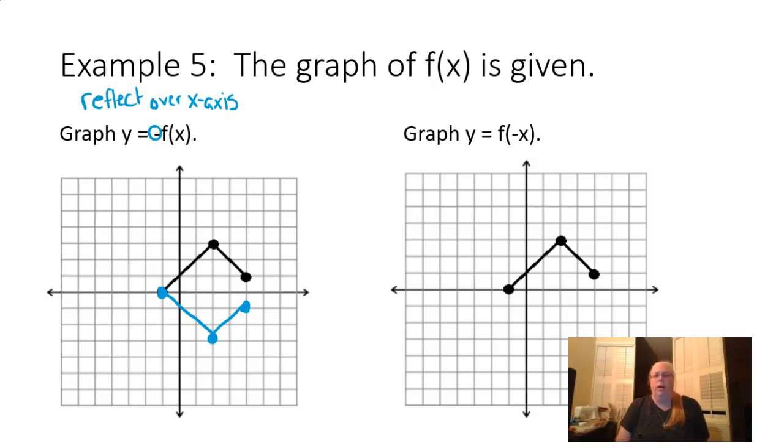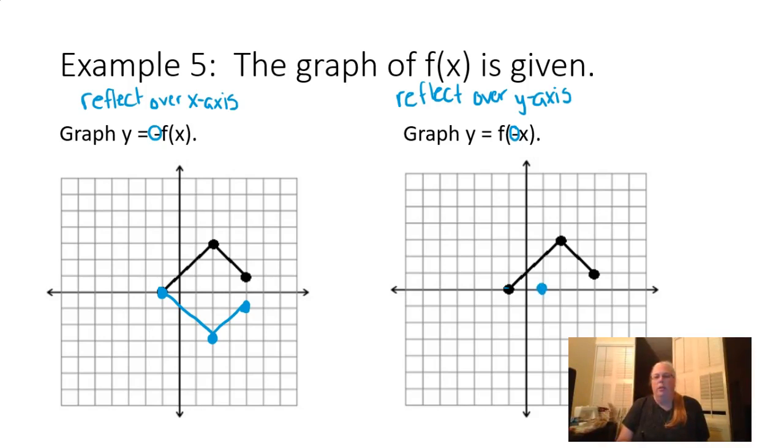When we look at this one, y is equal to f of negative x. When the negative is grouped inside with the x like this, it is a reflection over the y-axis. And I'm going to do the same kind of thing. My y-axis is right here. I'm going to take each one of these points and reflect it to the other side of the y-axis. This point right here is 1 unit away from the y-axis, so its reflection will also be 1 unit away from the y-axis.